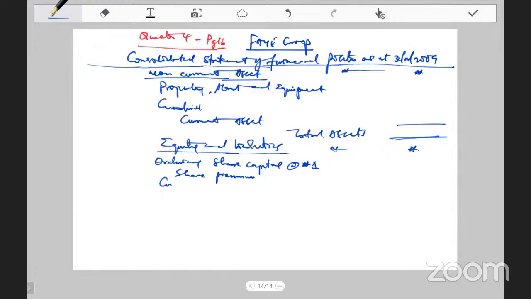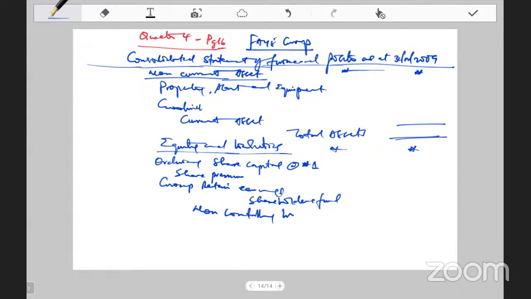After share premium, I now have my group structure: group share premium, group retained earnings. After I leave a small line, I look for my shareholders' funds.